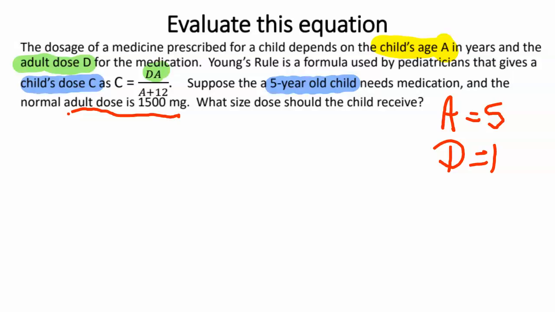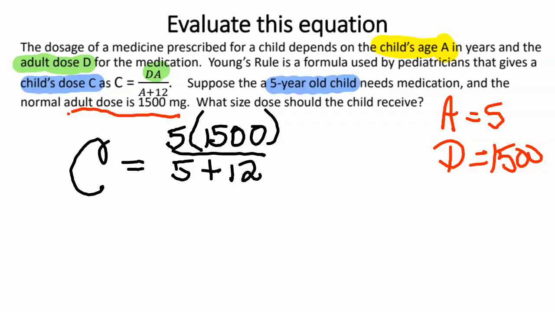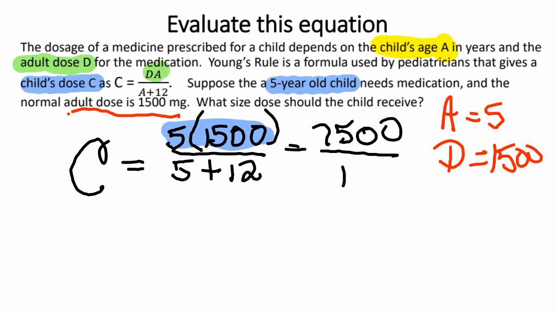So with that information, C is equal to 5 times 1,500. Now remember, A is 5, so this is 5 plus 12. Well, we got to put the numerator together. This has got to go together first, which is going to give me 7,500 divided by 17.